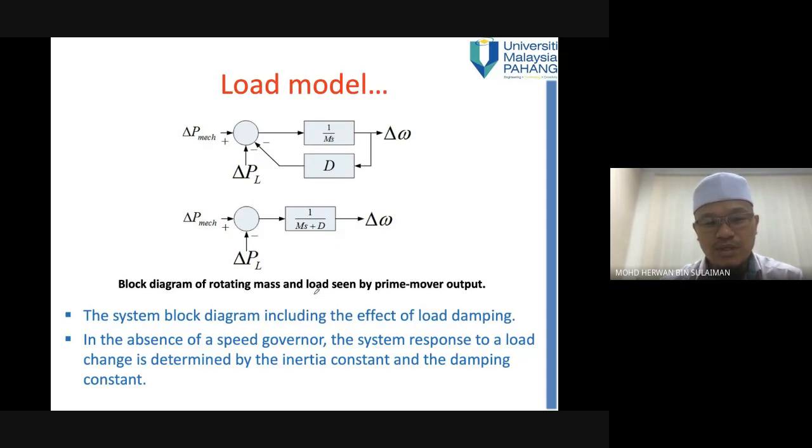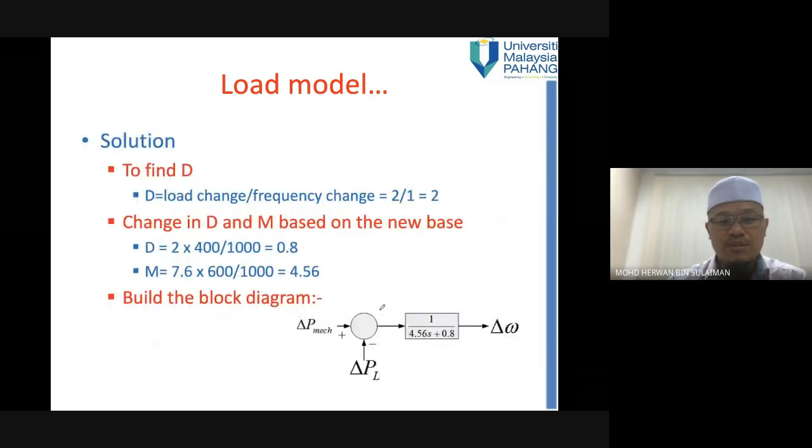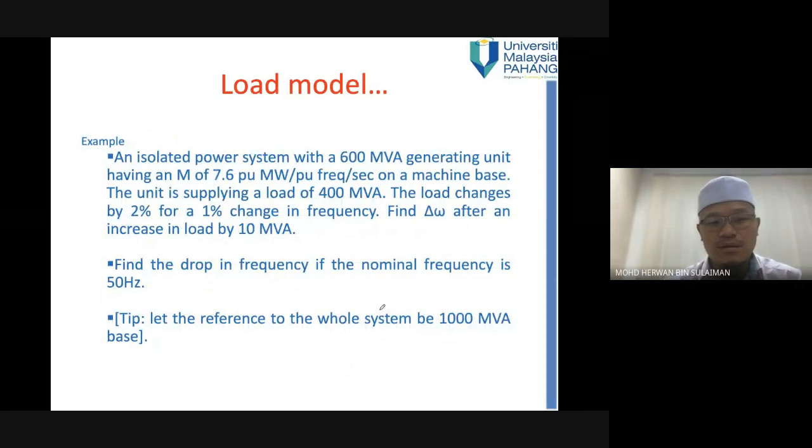Okay, so from here we can see that the system block includes the effect of load damping, D. And in the absence of a speed governor, the system response to load change is determined by the inertia constant. Let's look at a simple example. We have an isolated power system with a 600 MVA generating unit having M, the rotating mass, of 7.6 per unit megawatt per unit frequency per second on machine base.